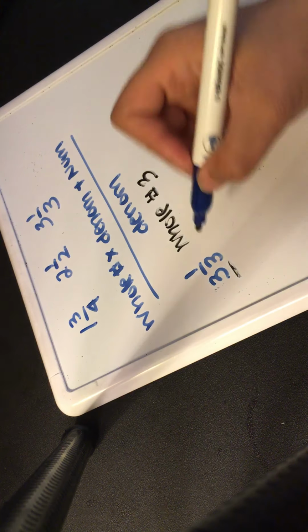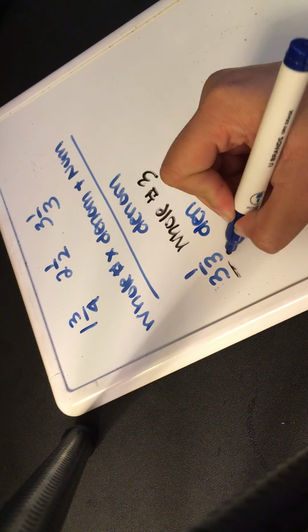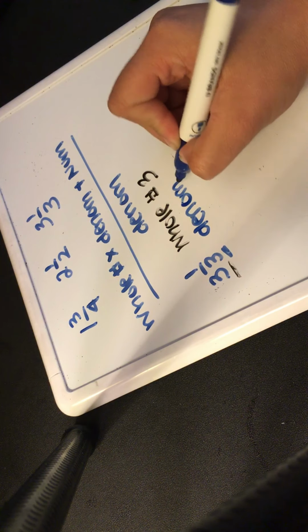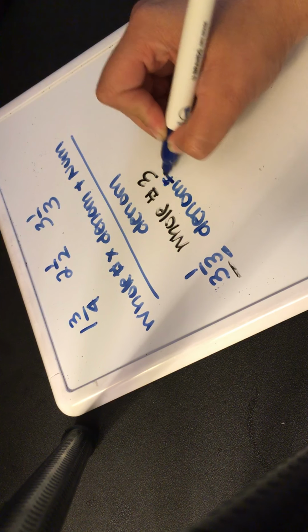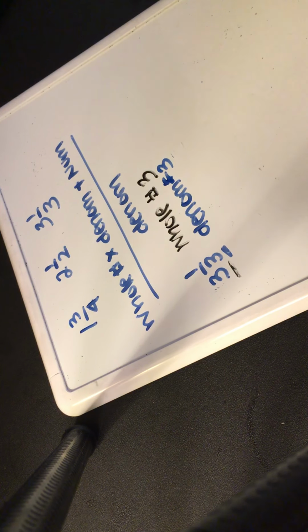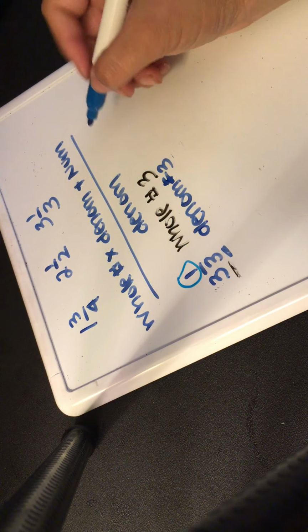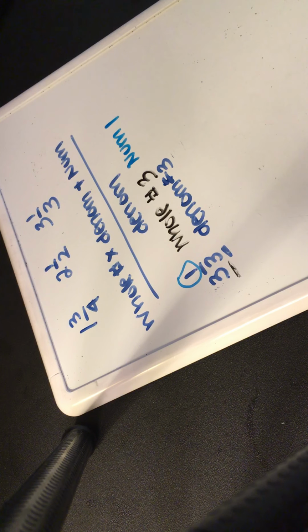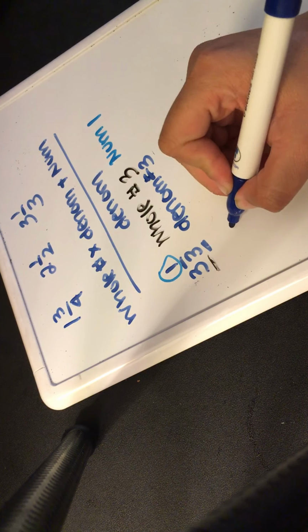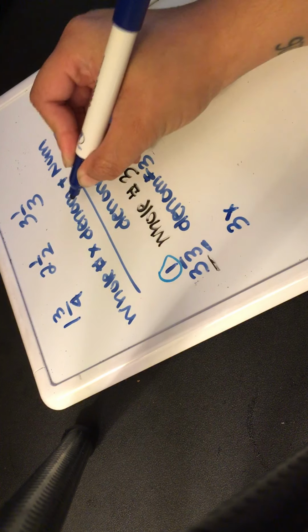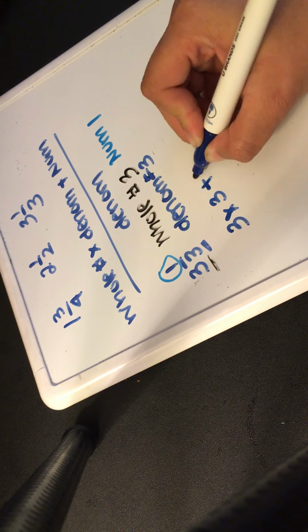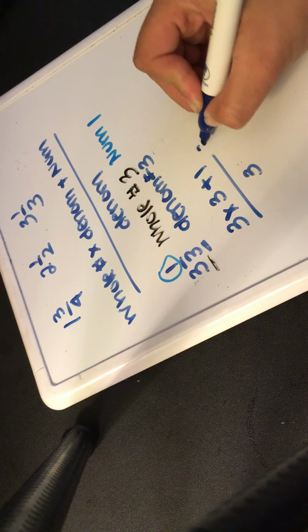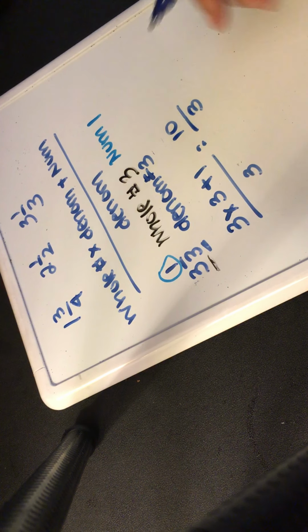And our denominator, which is 3 over here, and our numerator, which is here, is 1. So let's fill in the blank. Our whole number, which is 3, times our denominator, which is 3, plus 1 over 3, and our answer would be 10 over 3.